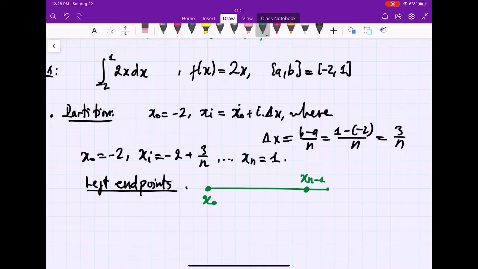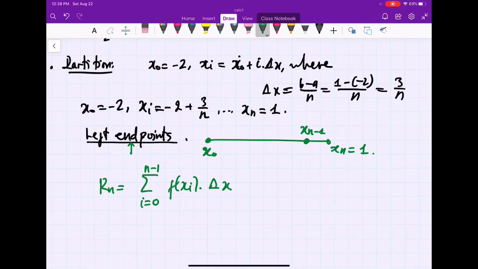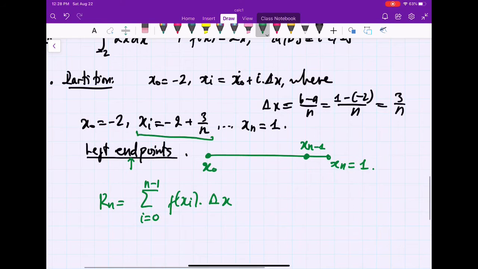Here you have xn, which is 1. So I write the Riemann sum Rn. That is the sum where i runs from 0 to n minus 1 because we use left endpoints. And here you have f of xi times delta x, because all subintervals have the same width. The function is 2x. We have xi right here.